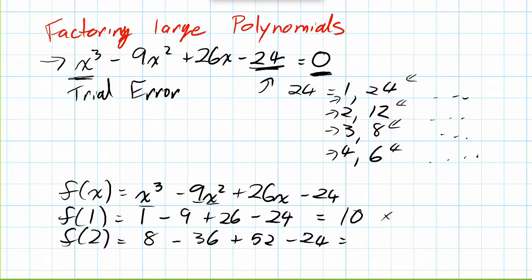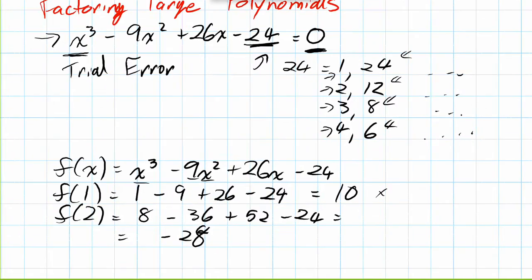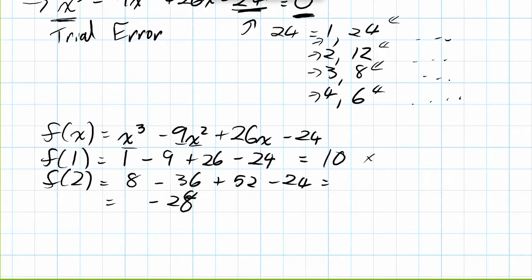Oh, actually, I think this one worked. I'll break it down a little better here. We'll do 2 at a time. 8 minus 36 would give us negative 28, I believe. And then 52 minus 24 is 28.